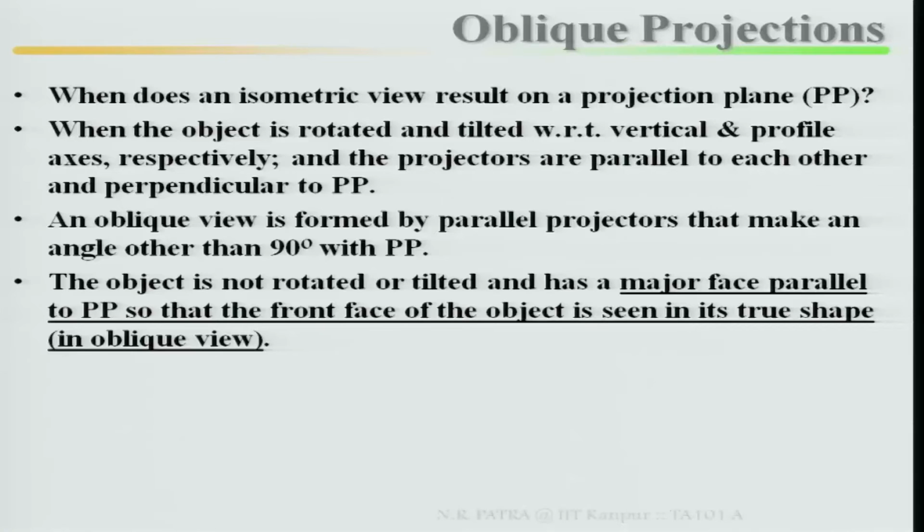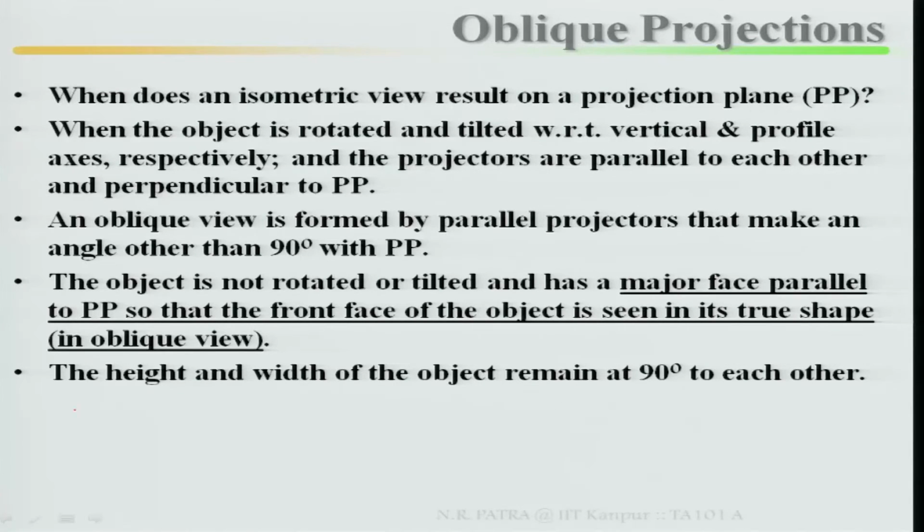The object is not rotated. This is the first difference you are getting: the projectors are not perpendicular to your picture plane, but they are parallel to each other. The object is not rotated or tilted.